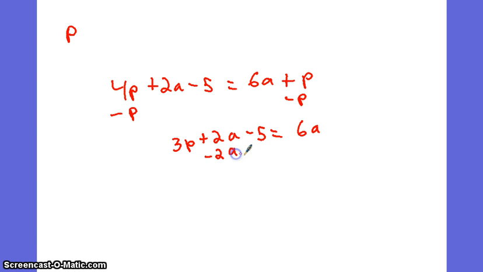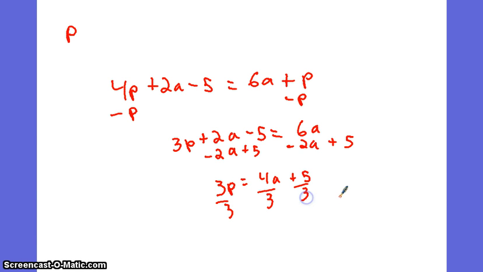Subtract 2a and add 5 on both sides. That gives me 3p equals 4a plus 5. Divide by 3 on both sides. That gives me p equals 4/3 a plus 5/3.